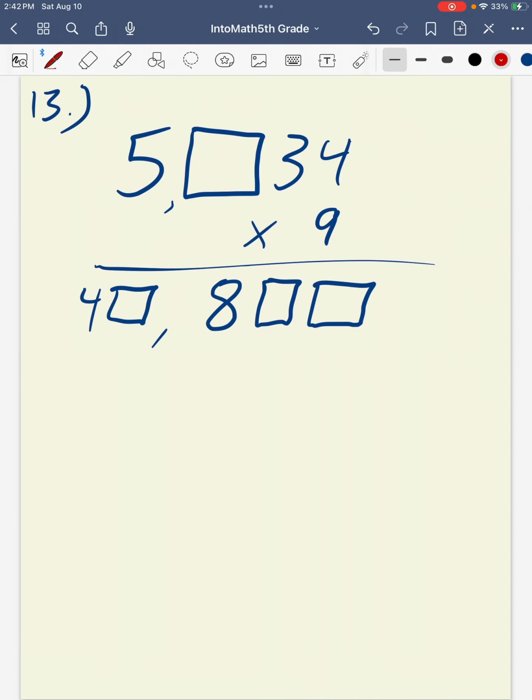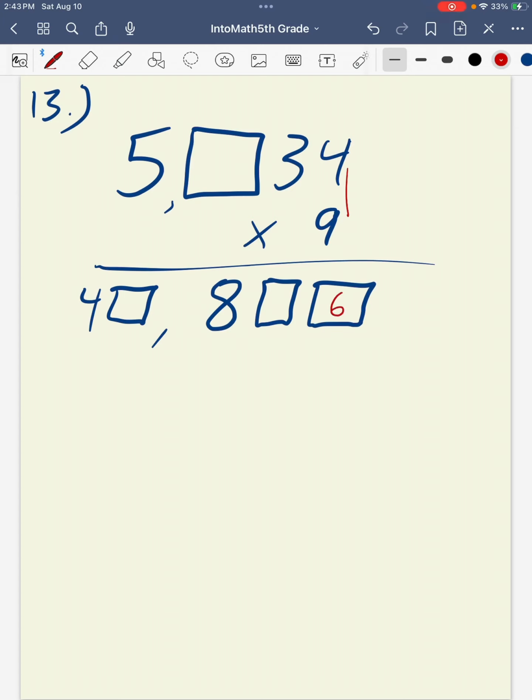Problem number 13, I have multiple missing boxes to fill in. 5,000 blank 134 times 9 equals 40,800 and blank blank. Starting off now, I multiply my 9 times my 4.